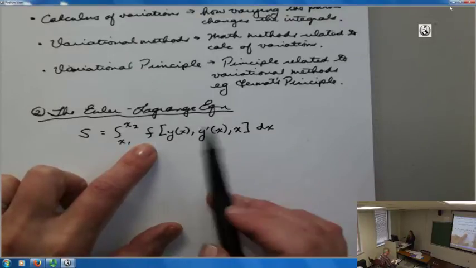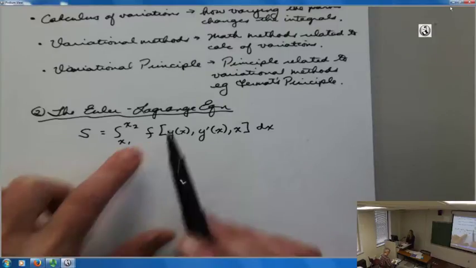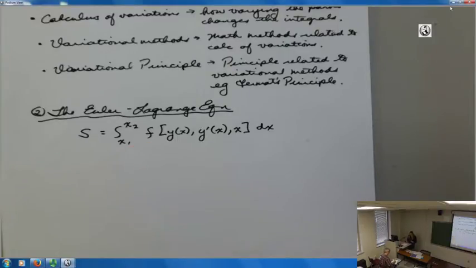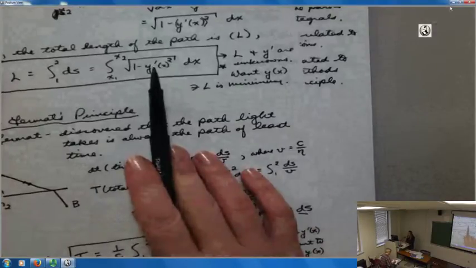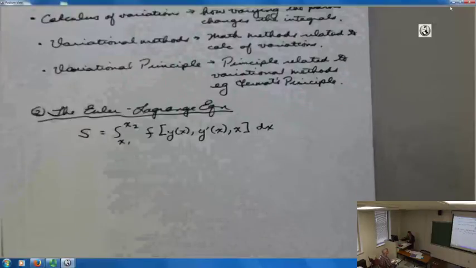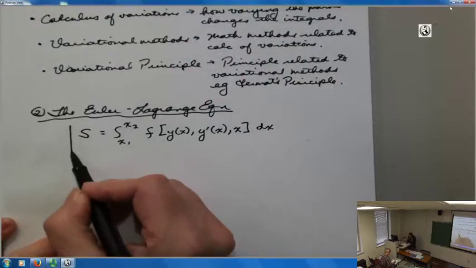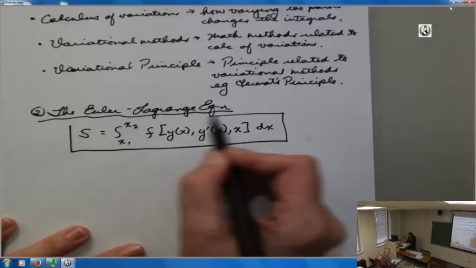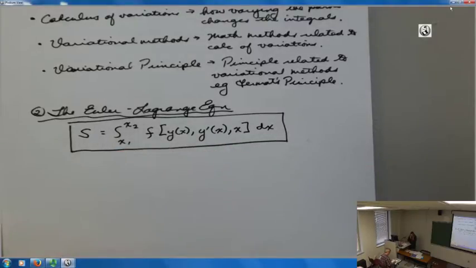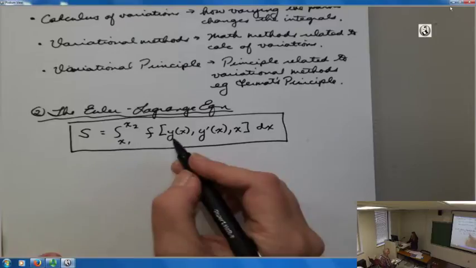We can express those as functions of y and x, where y is a function of x and potentially depends on the slope of y, as this one does. In general, this is our general form of a path integral from x1, y1 to x2, y2 along a path that is defined by y of x.